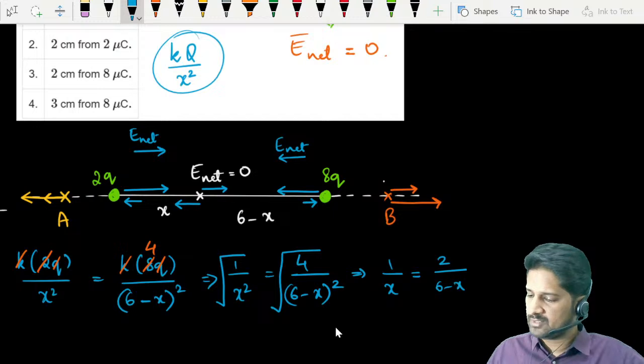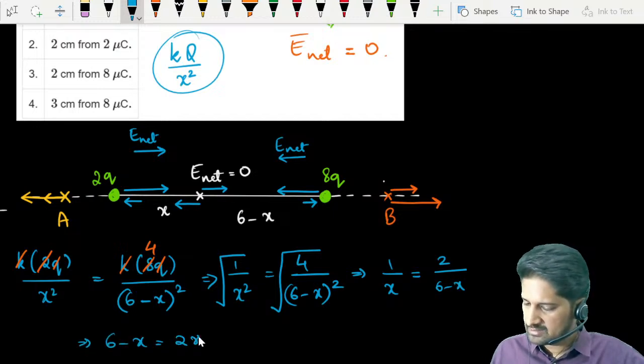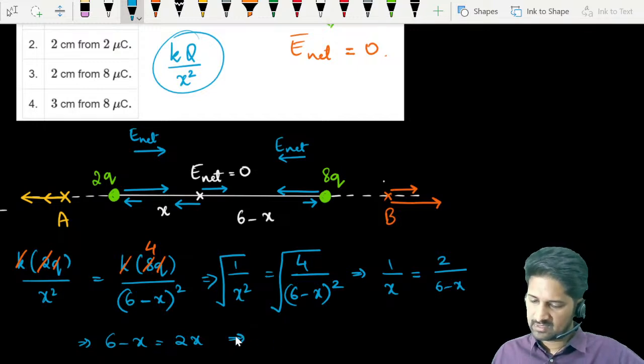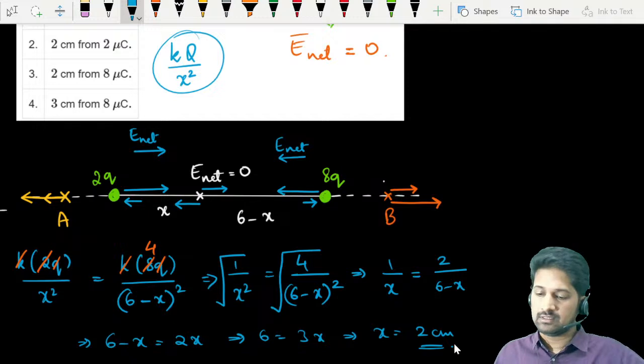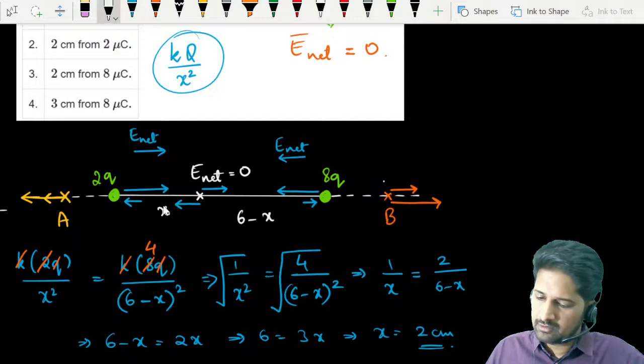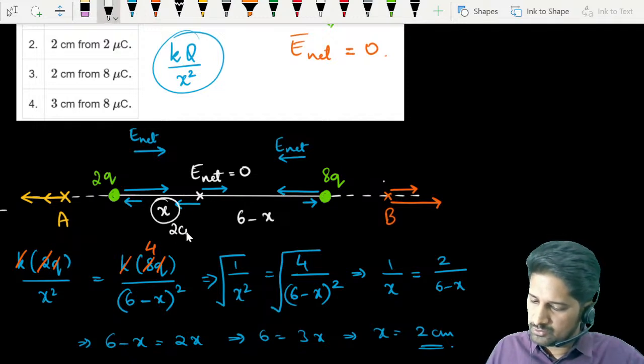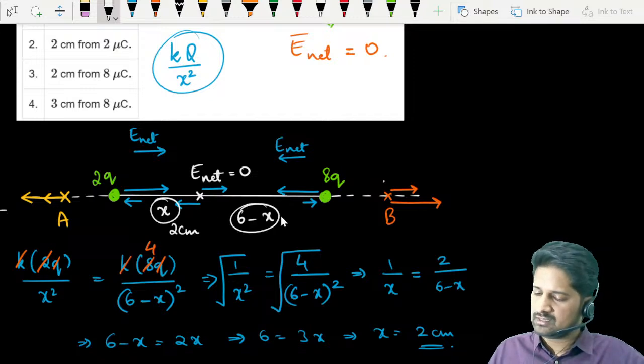Now you just cross multiply, you get 6 minus x is equal to 2x. So 6 is equal to 3x. That means x is equal to 2 centimeters. Therefore, the distance of the neutral point from the 2q charge is 2 centimeters. So the remaining distance will be 4 centimeters.